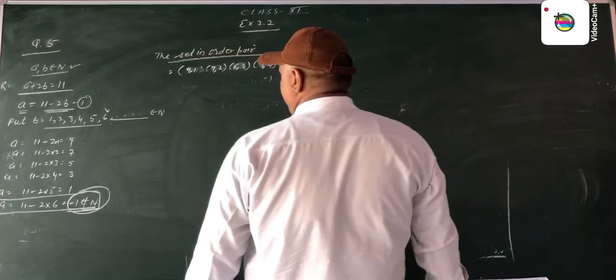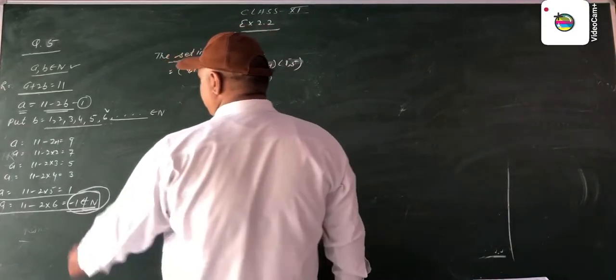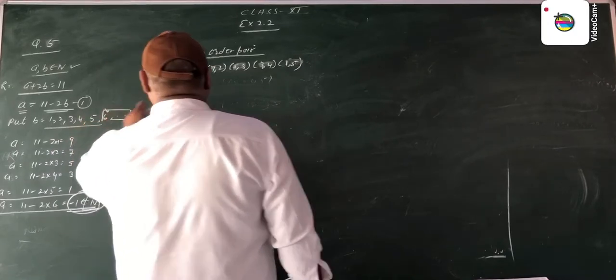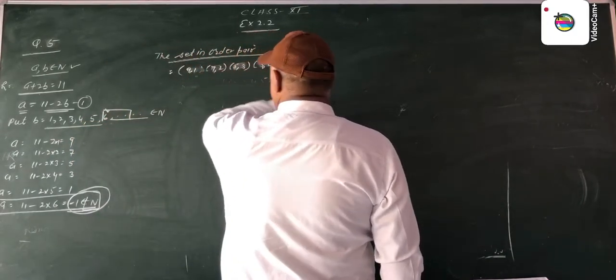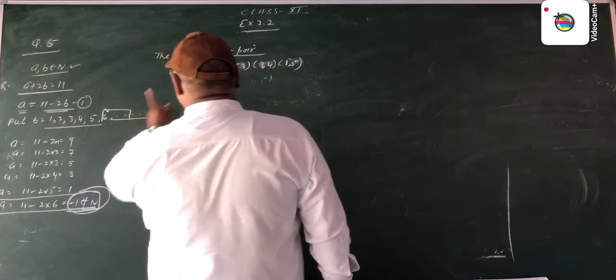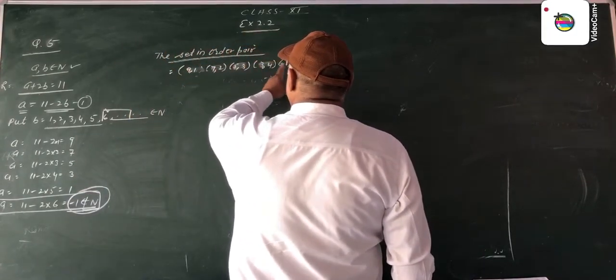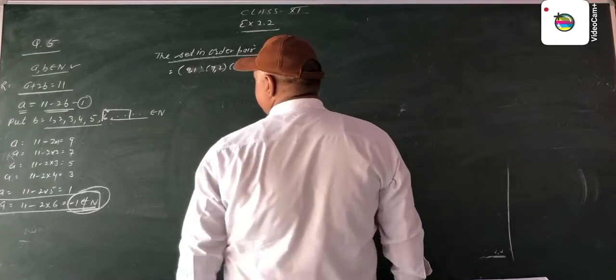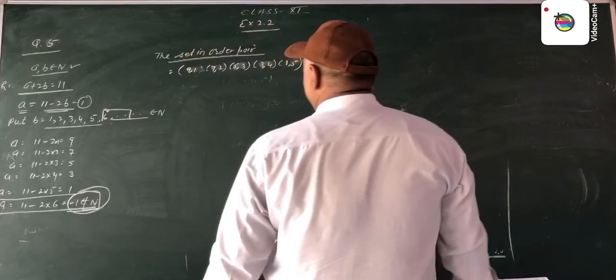Then the set of ordered pairs: first we put the values of B as 1 2 3 4 5, and the values of A are 9 7 5 3 1. Now we take the first value as A and the second value as B. This is the set of ordered pairs.